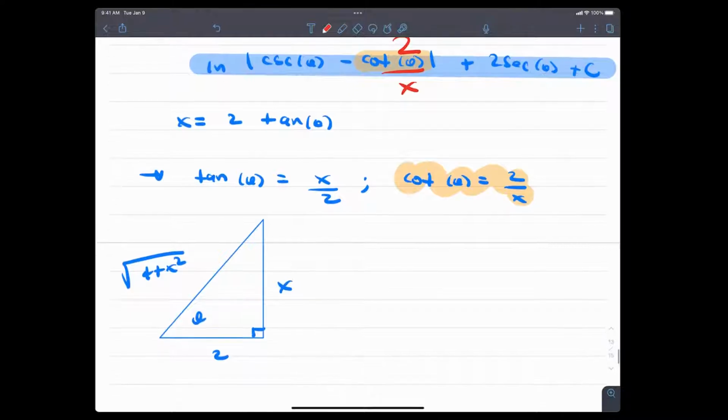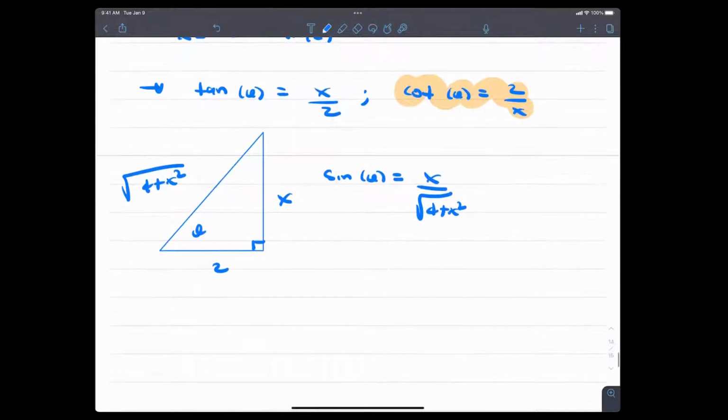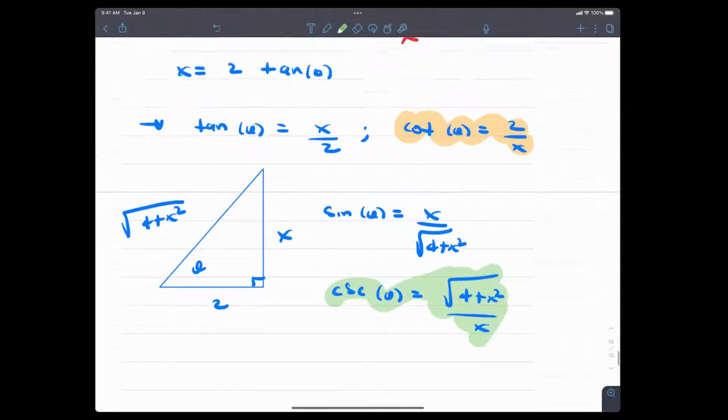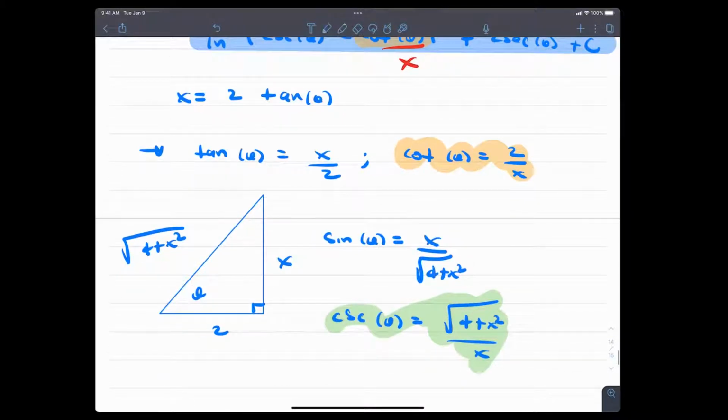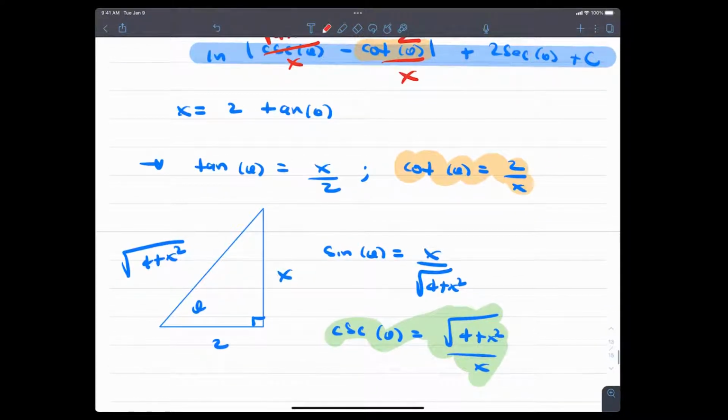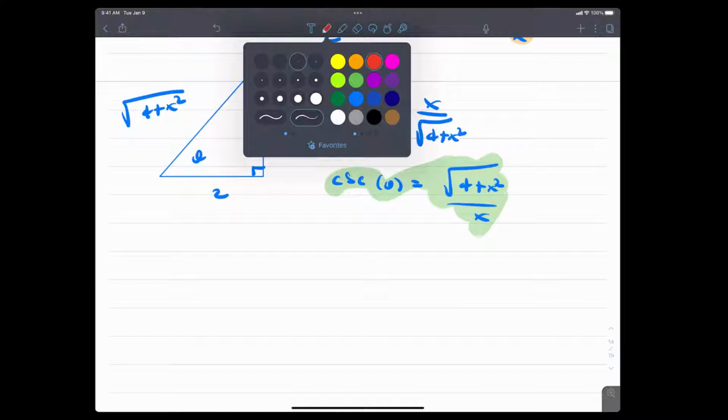And we need cosecant and secant, so I need to get sine and cosine, right? Sine is opposite over hypotenuse, which now means cosecant is hypotenuse over the opposite. Now we need secant, so we need cosine.